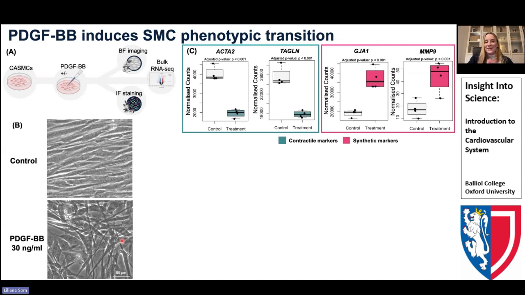Then, not going into huge depths, you would usually want to look in cell biology at the gene level, gene changes. And for this, we use a technique called qPCR, quantitative polymerase chain reaction.